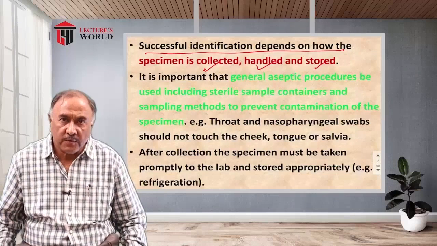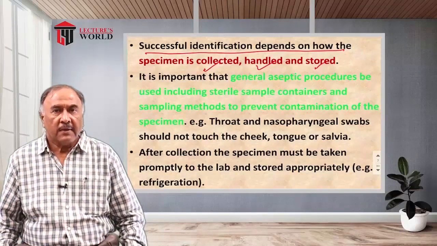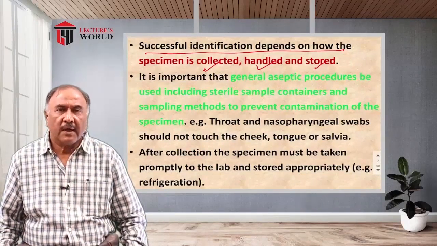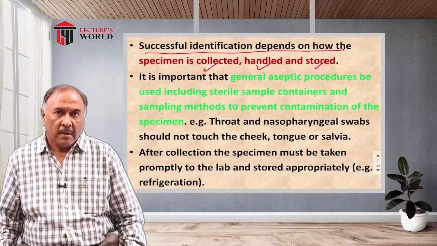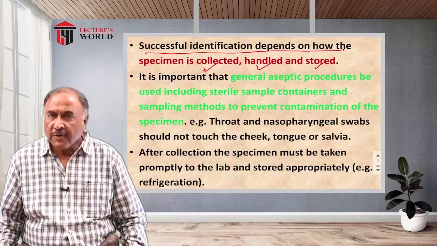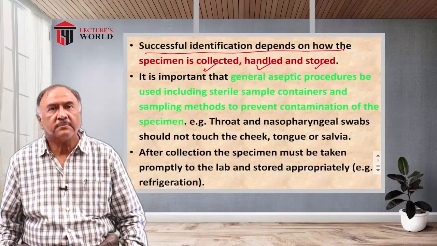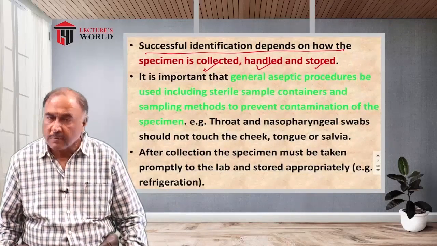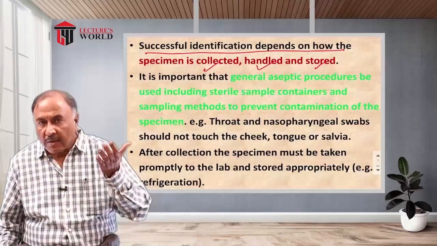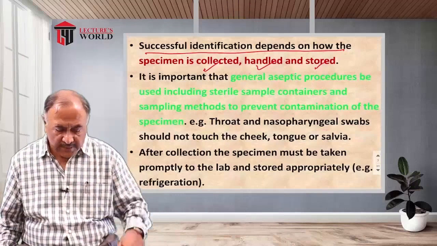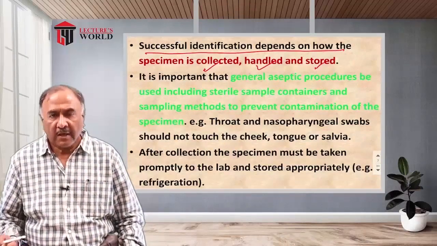For example, if it is urine or other things, then the sediments are used for microscopic observations. Heat fixation is done, or we use some chemicals like methanol to fix the microorganisms on the slide, followed by gram staining.